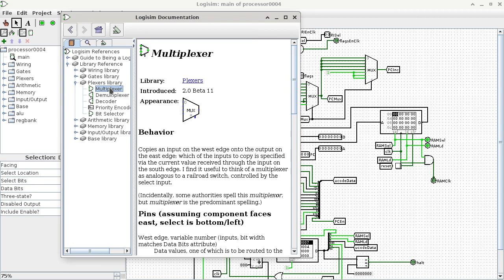So a multiplexer is basically a switch. You have multiple input pins, one single output pin, and then you have a select signal. So it allows you to specify which input connects to the output. That's its job. Is that okay? So just like at a railroad intersection or junction, there might be several rails connecting to the switch.